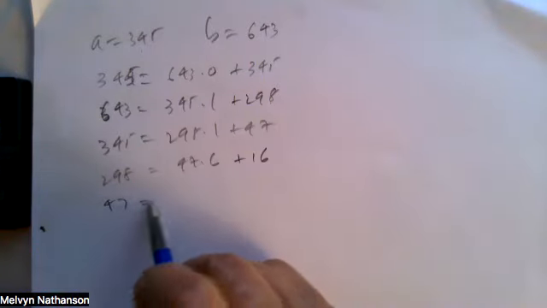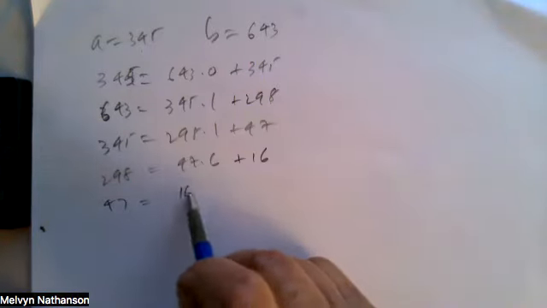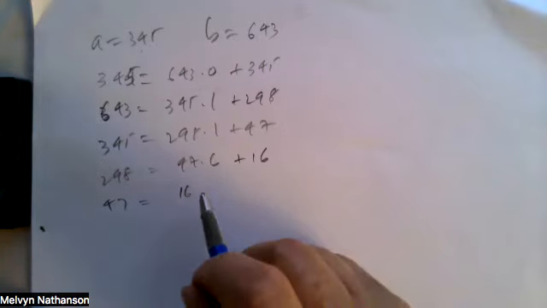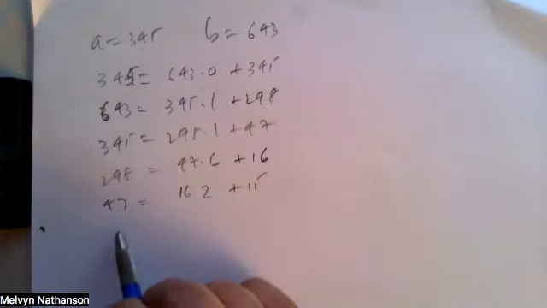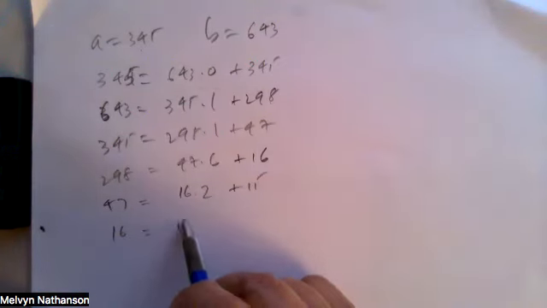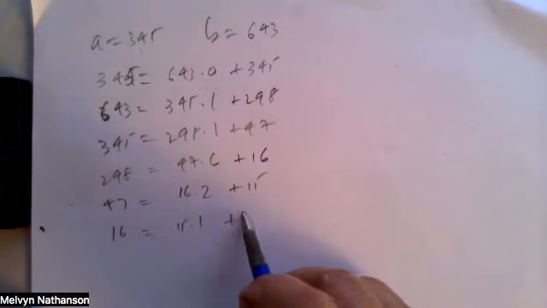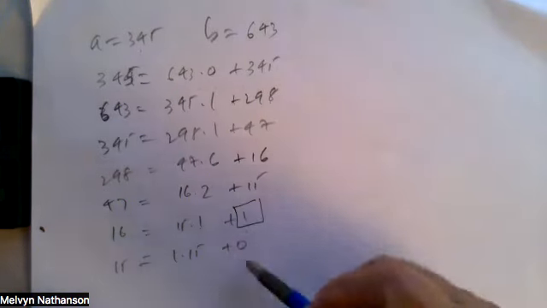47 divided by 16. Well, 16 goes into 47 2 times and leaves a remainder of 15. And 16 divided by 15 has a quotient of 1 and a remainder of 1. And 15 divided by 1 has a quotient of 15 and a remainder of 0. So the last positive remainder is 1.